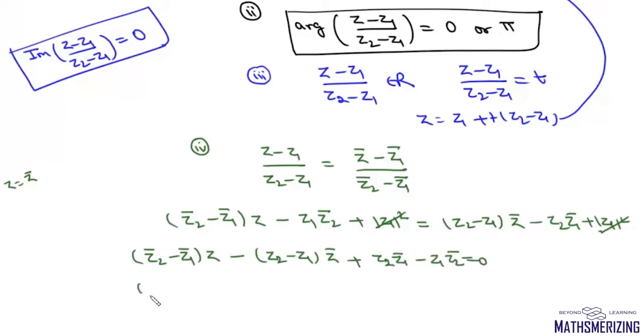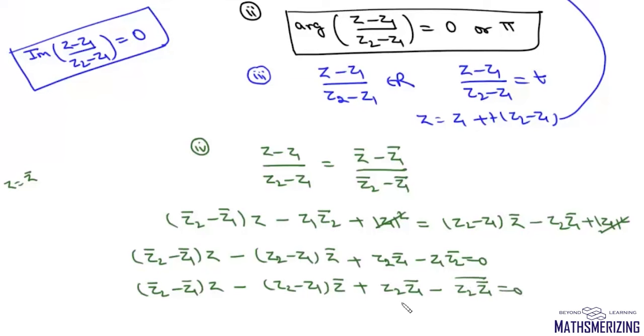Now we can also write this as (z2 bar minus z1 bar) z minus (z2 minus z1) z bar plus (z2 z1 bar minus the whole bar of z2 z1 bar) and it is equal to 0.